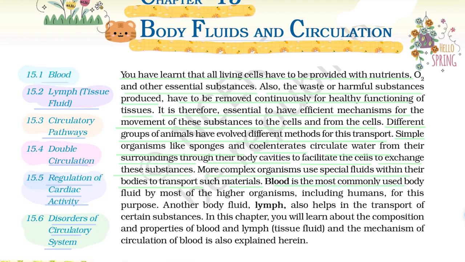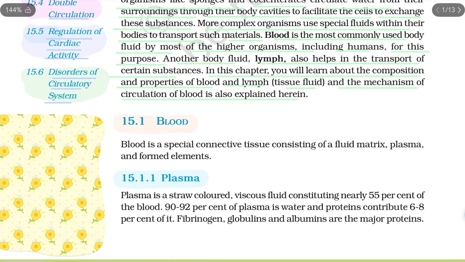Blood is the most commonly used body fluid by most of the higher organisms, including humans. Another body fluid, lymph, also helps in the transport of certain substances. In this chapter, you will learn about the composition and properties of blood and lymph tissue fluid, and the mechanism of circulation of blood is also explained herein.